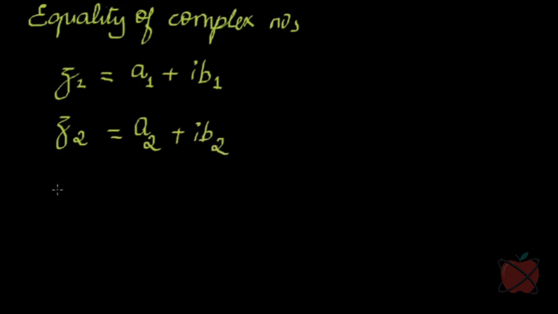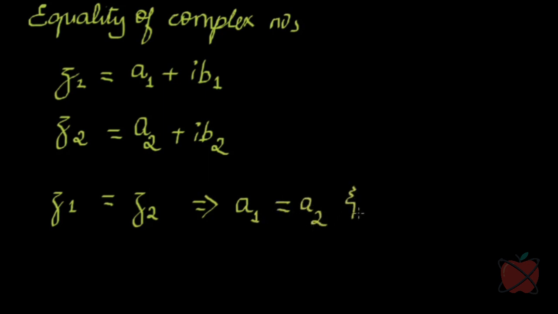So what does it mean if I say z1 is equal to z2? This will mean that a1 is equal to a2 and that b1 is equal to b2. That's the only way we can say that two complex numbers are equal. It's a simple topic. I'm sure you understand.